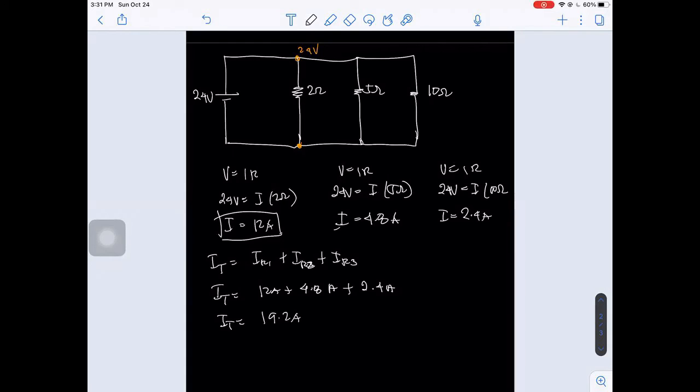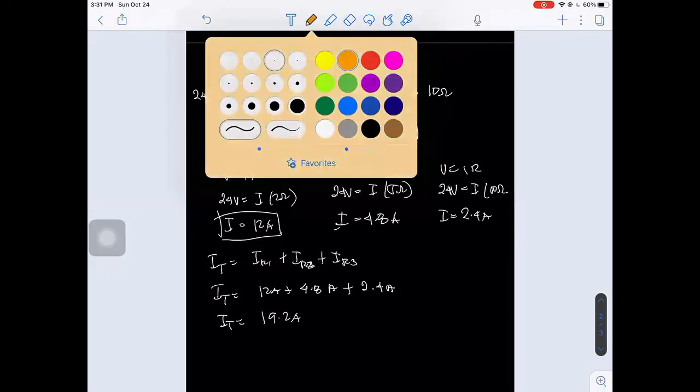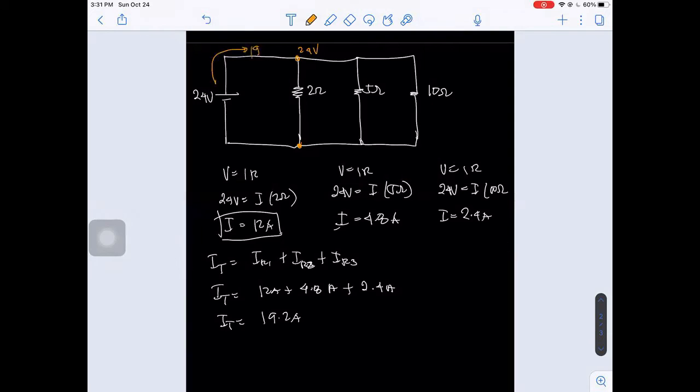So there is a current that is flowing in our circuit, which is equivalent to 19.2 ampere. So we have here 12 ampere that is flowing in the 2 ohms resistor, and we have 4.8 ampere and again 2.4 ampere.